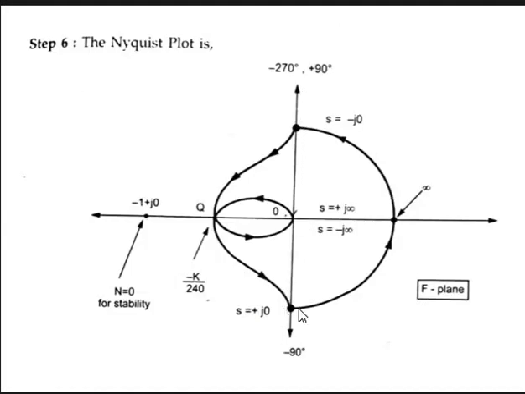So this is the infinity point and this is the infinity point, the starting point here and the ending point here, and the angle of rotation is plus 180 degrees.